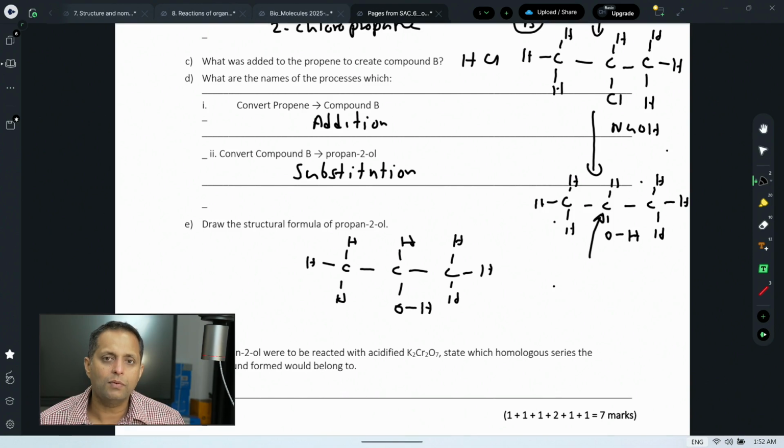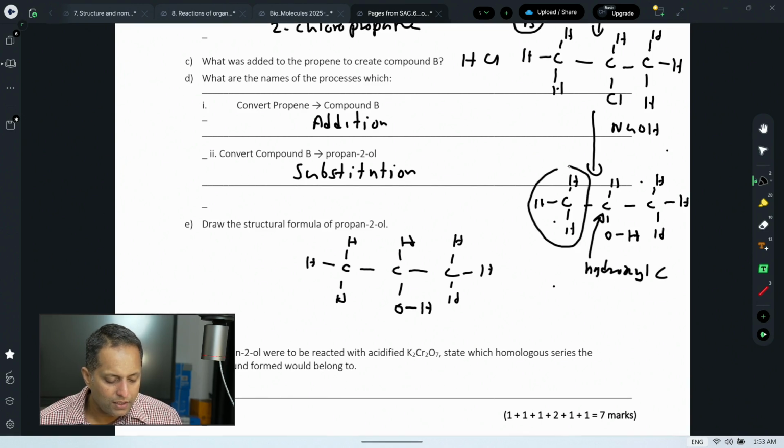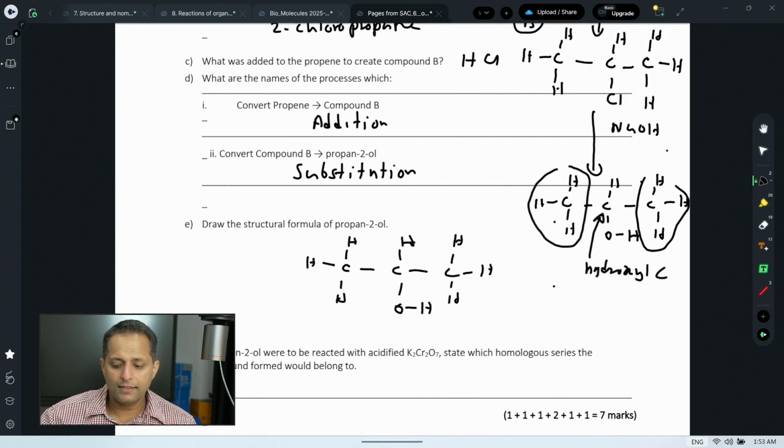It is called the hydroxyl carbon. Now, the hydroxyl carbon is attached to two alkyl groups, or the hydroxyl carbon has got only one hydrogen. Secondary alcohol. Is that clear?